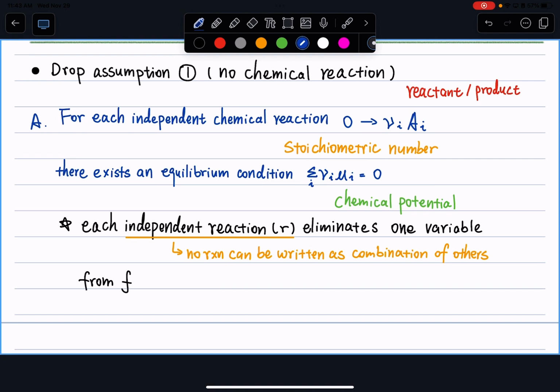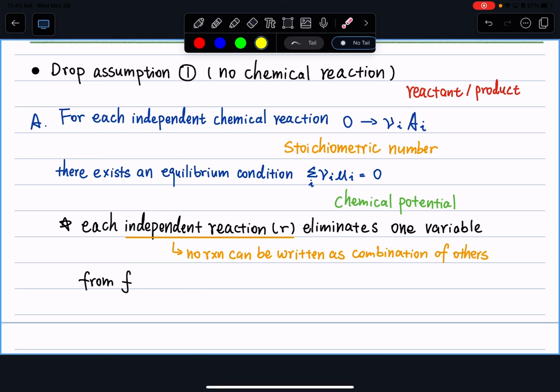Then the last bit of information is how do we drop that assumption 1, where we're saying there's no chemical reactions taking place. So chemical reactions will further reduce the degrees of freedom that we have discussed before. So it reduces degrees of freedom by several ways. The first way is a more general way.